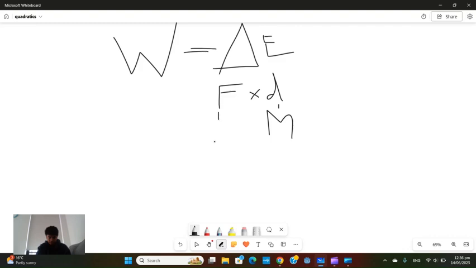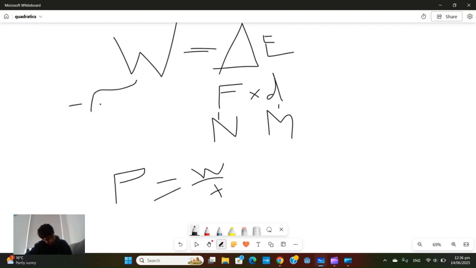Meters and newtons. And there's also power. Power is equal to work divided by time. By the way, work is measured in joules and power is measured in watts. You might remember watts from electricity.